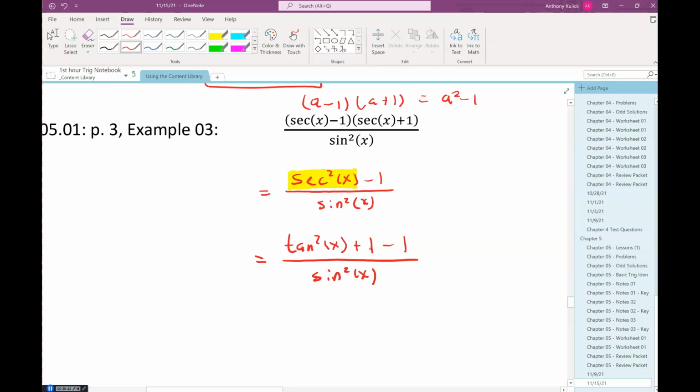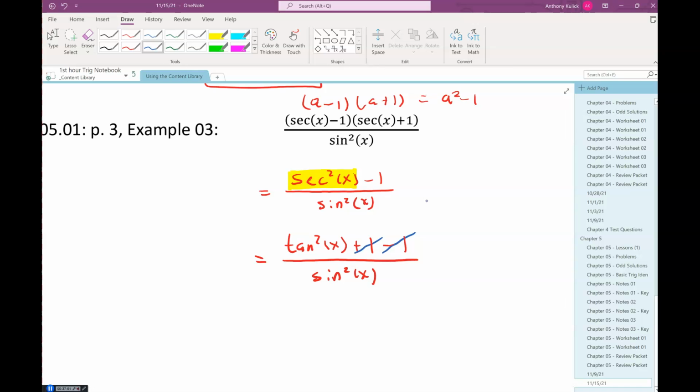Why is that going to be a nice thing? Because I can add the positive 1 and the negative 1 to get 0.